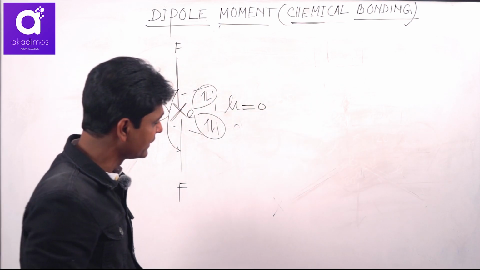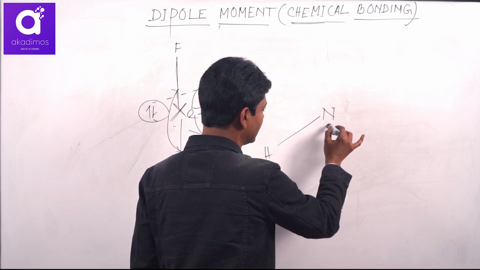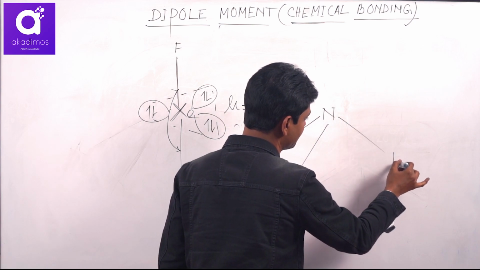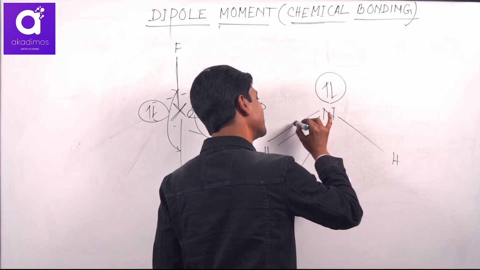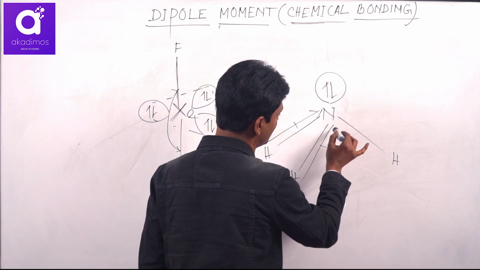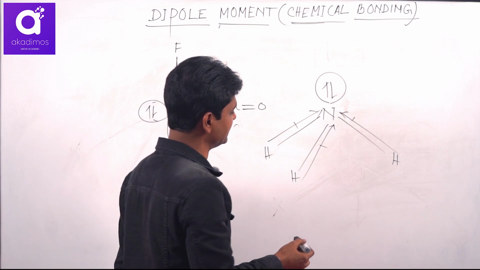But if I take the NF3 molecule or NH3 molecule, see the NH3 molecule, it is a pyramidal shape. The bond moment operates along this direction, this N-H bond moment along this direction, this N-H bond moment operates in this direction.